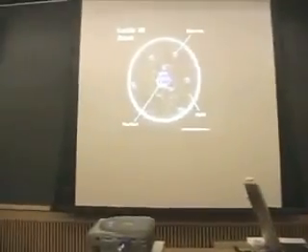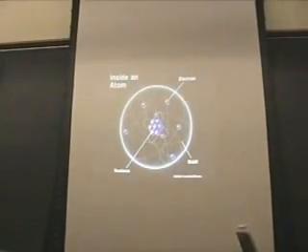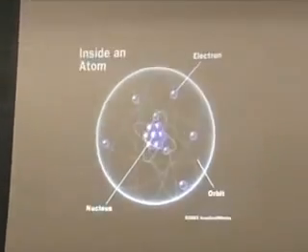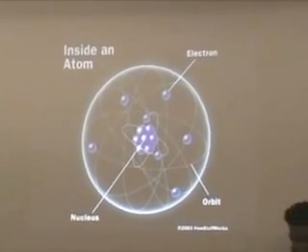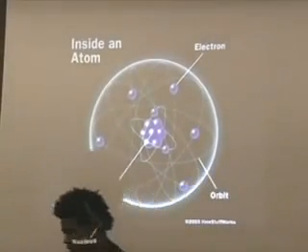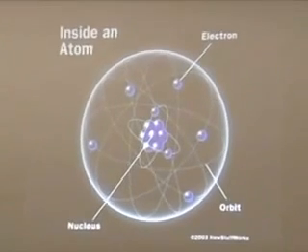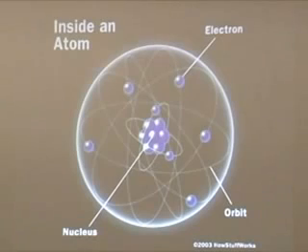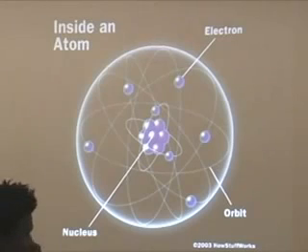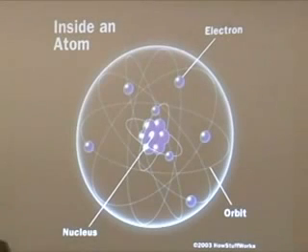Now here we have what is an atom. The atom is made up of 3 components. And within those 3 components is what structured life, whether it be an amoeba or a galaxy. The atom consists of a proton, a neutron, and an electron.